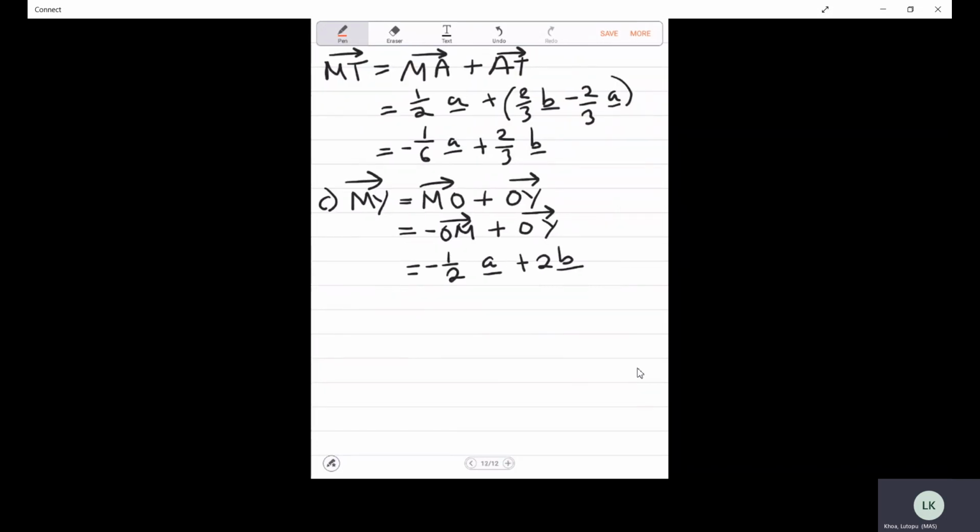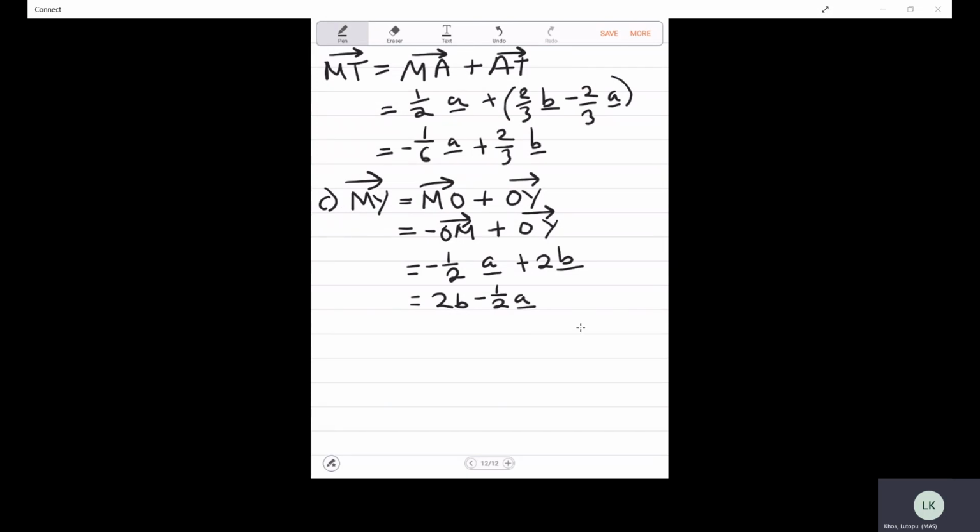So when we simplify it, I just want to rewrite it with a positive 1 first. This is just 2B minus half of A.